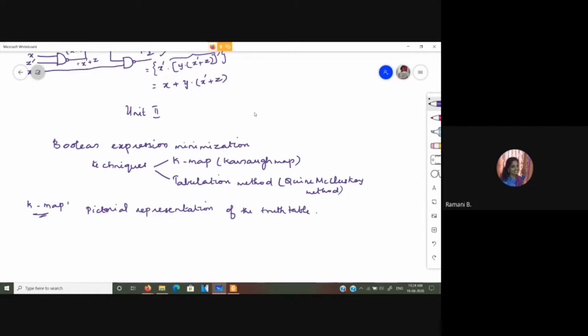So in this K-map, each of the min terms is represented in the form of a square.